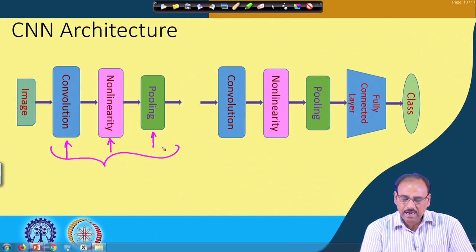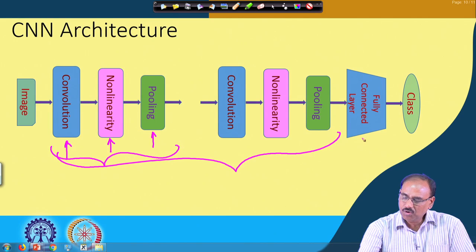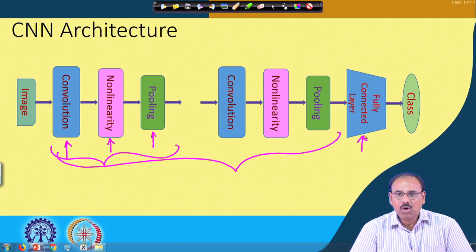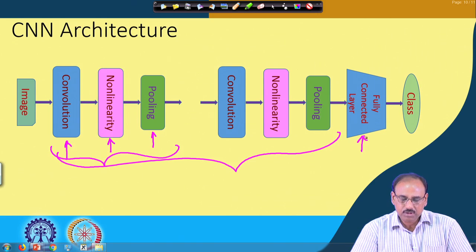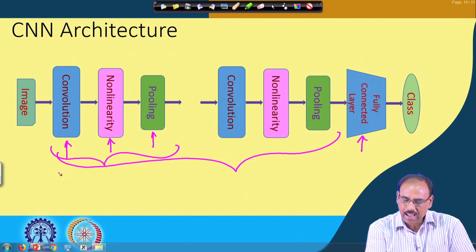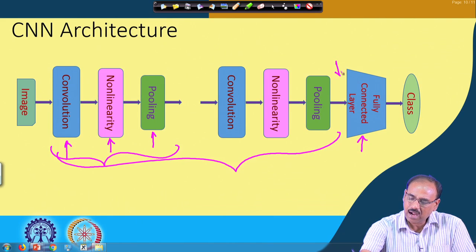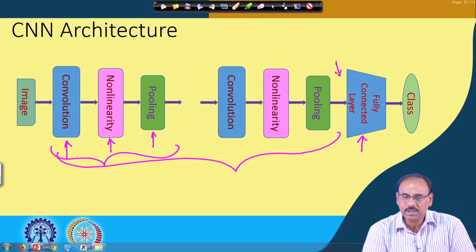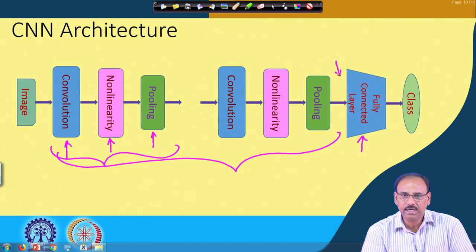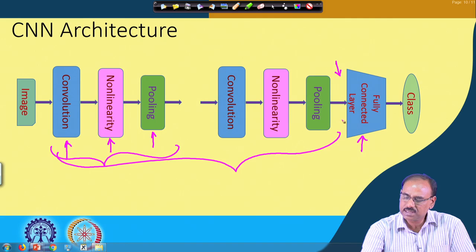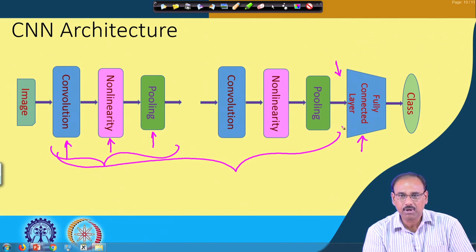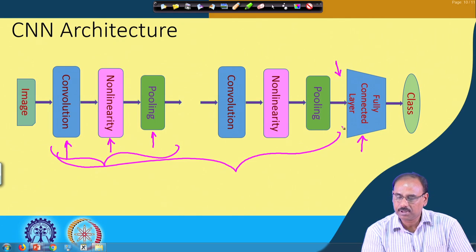Then after this is done, it is followed finally by one or more fully connected layers. As we have seen, as we have a layer of nonlinearities, it is expected that the features after all these convolution, nonlinearity and pooling operations will become linearly separable.